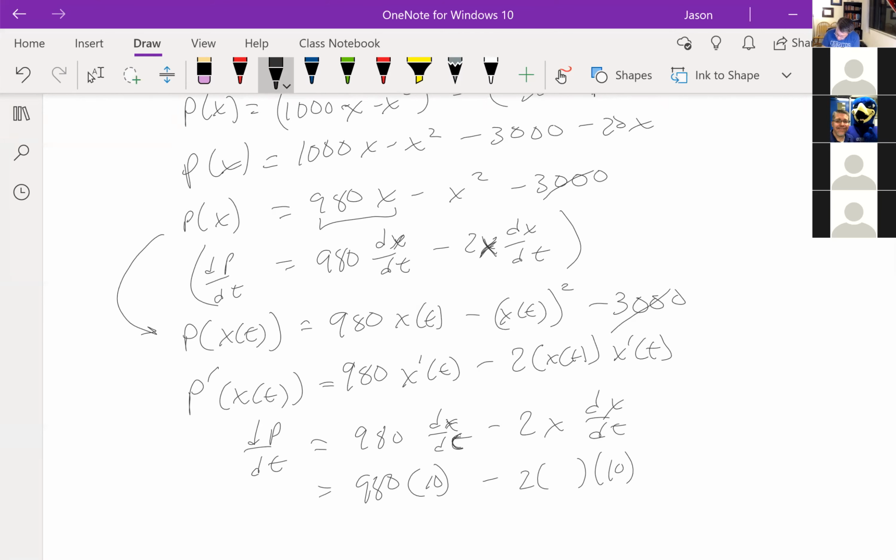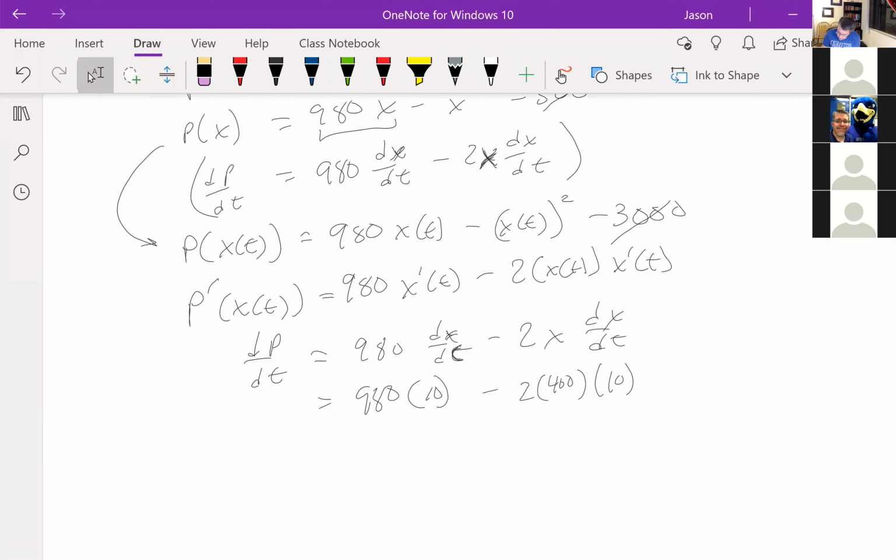What's x? How many homes have been worked on? Well, it's 400. Have you read the problem?